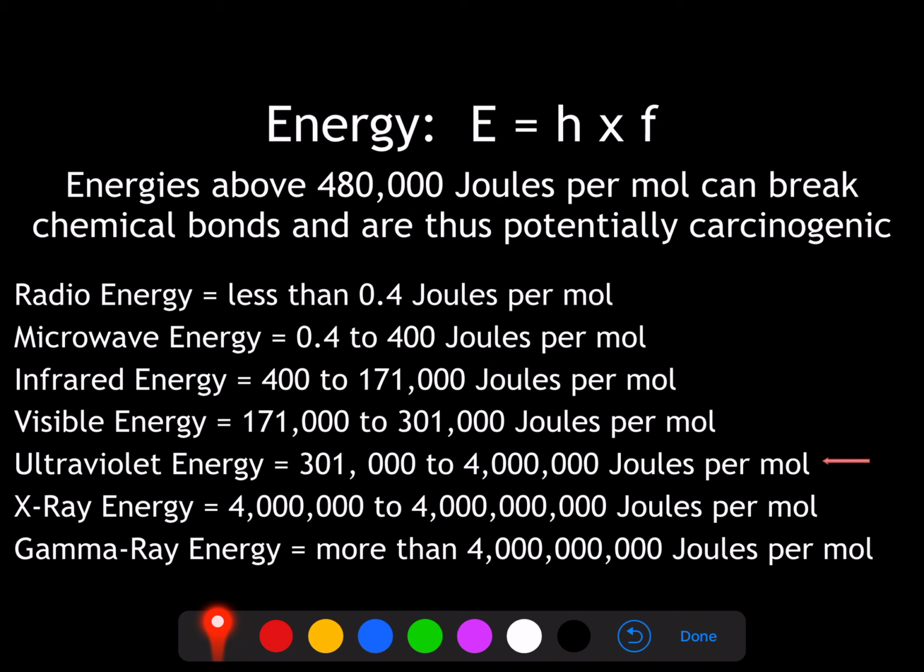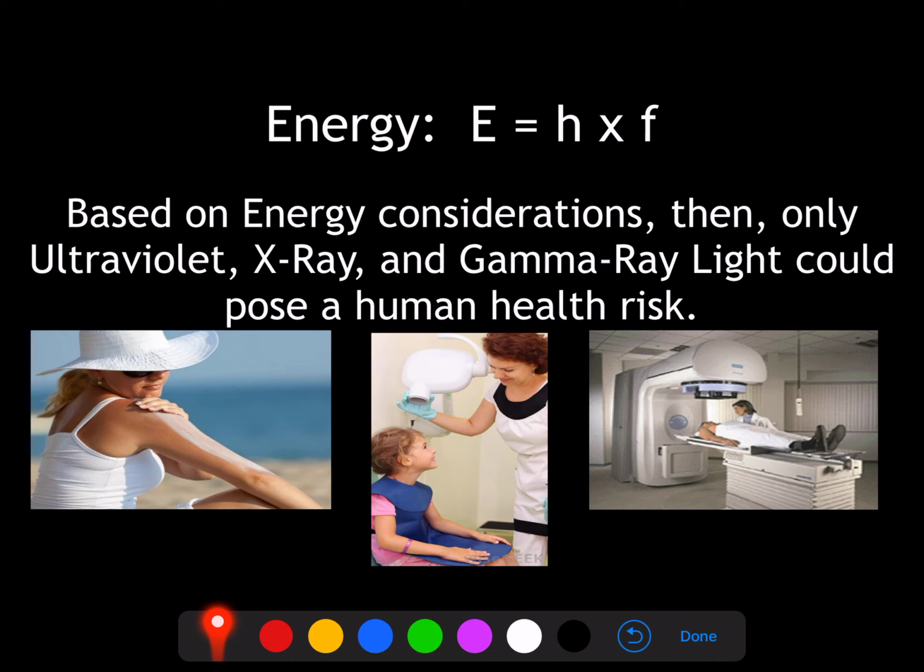And if you go back to the regions of the spectrum that I just pointed out, radio, microwave, infrared, visible, ultraviolet, X-ray, and gamma ray, we can specify what sort of energies those correspond to, and you can see that this magic number, 480,000, occurs somewhere in the ultraviolet region of the spectrum. What that's saying then is anything more energetic or higher in frequency than ultraviolet, so anything basically from here and below, could be potentially harmful, and anything above this line should be safe.